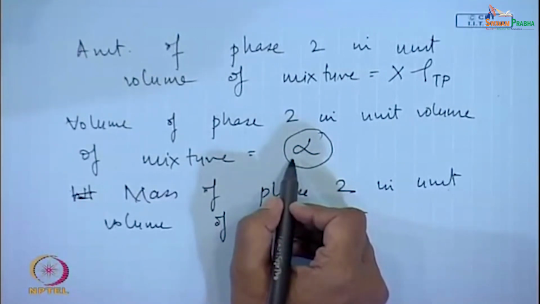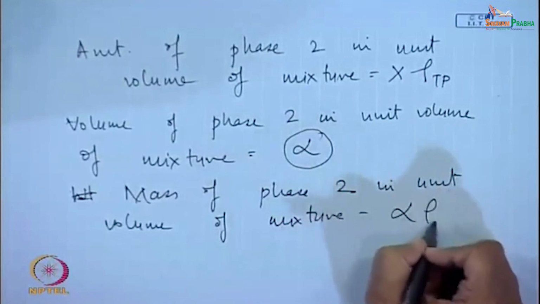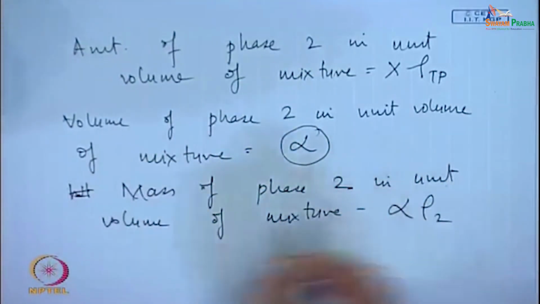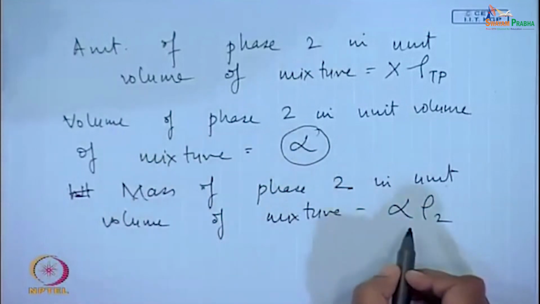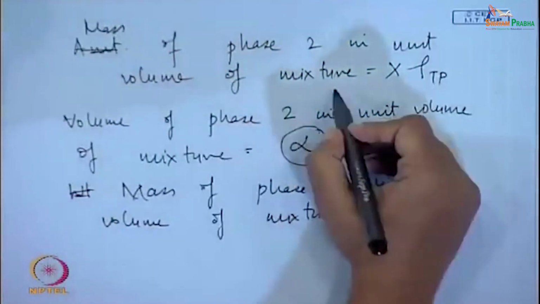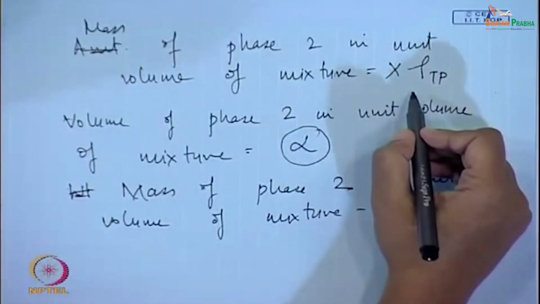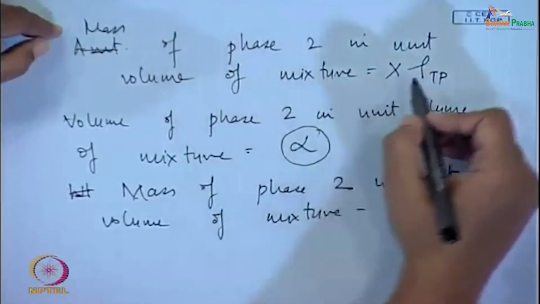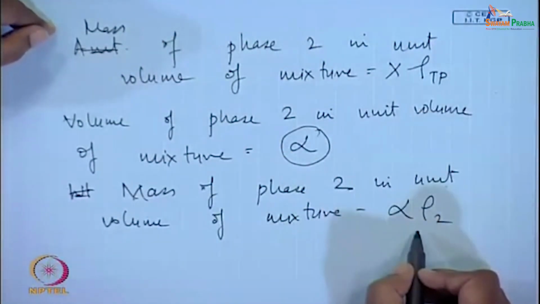What will be the mass of this alpha? Alpha into rho 2. So, we find that the mass of phase 2 in unit volume of mixture is alpha rho 2, and this is also x into rho Tp. Correct? So, we find x rho Tp has to be equal to alpha into rho 2. Do you get my point?